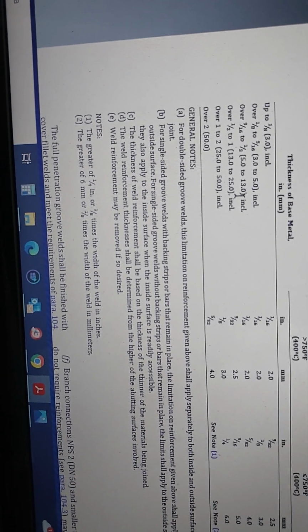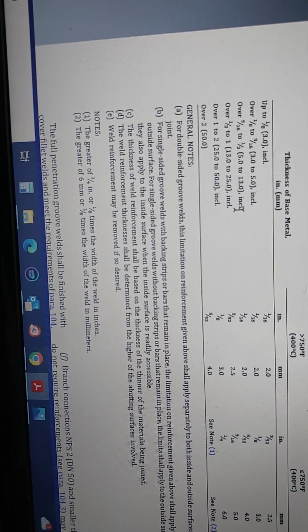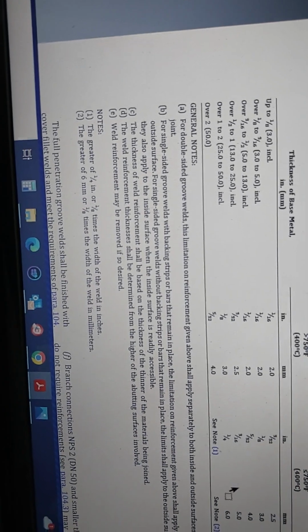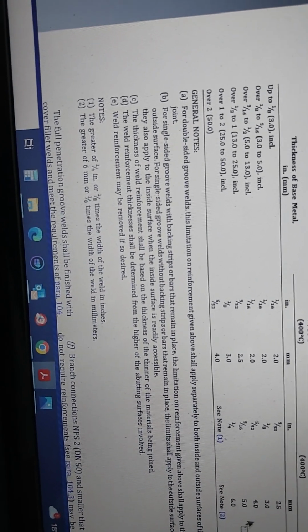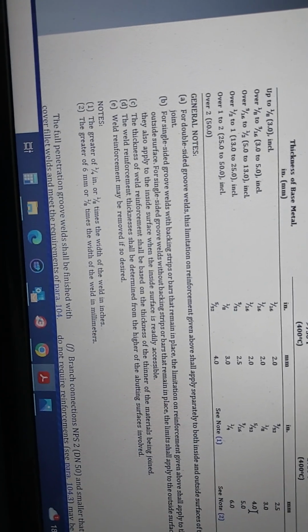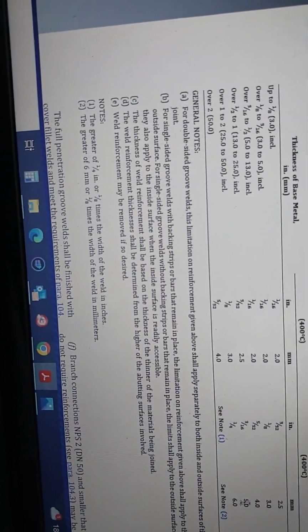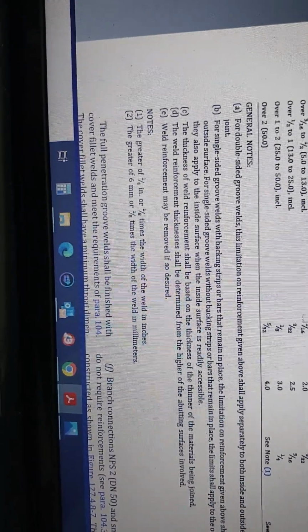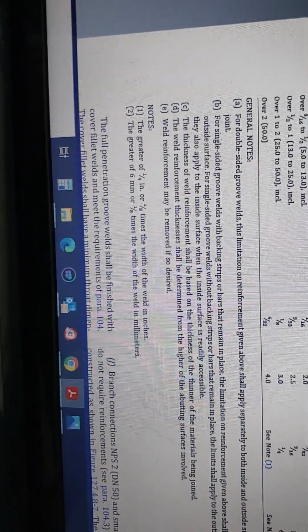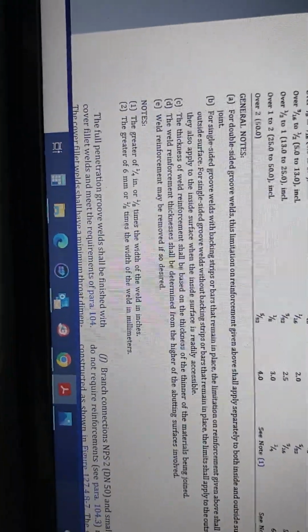For 5 to 13 millimeter of base metal, the reinforcement needs to be a maximum of 4 millimeter. For 13 to 25 it is 5 millimeter. Yeah, that is the reinforcement of the girth welds.